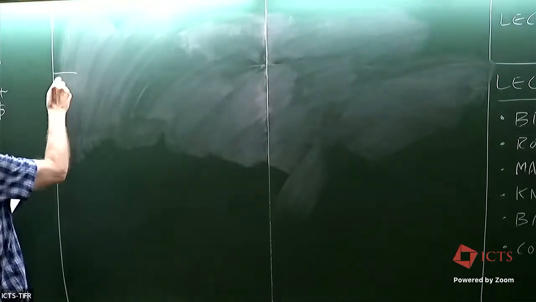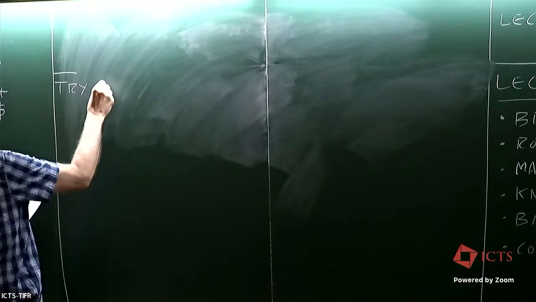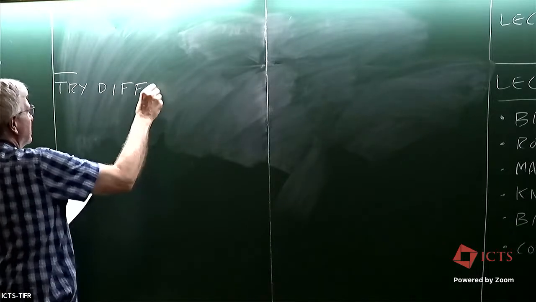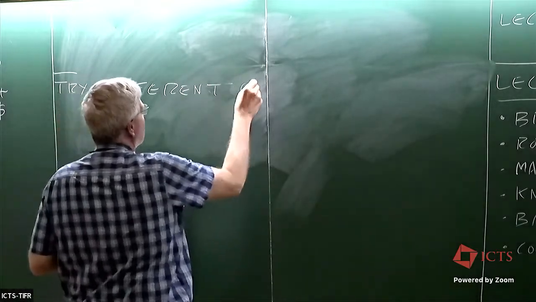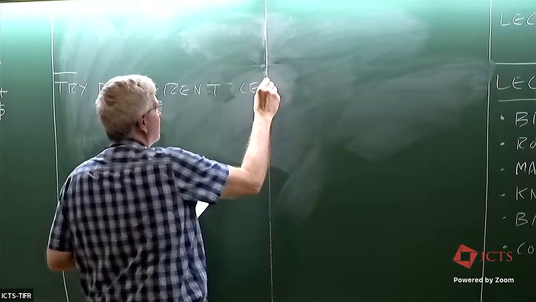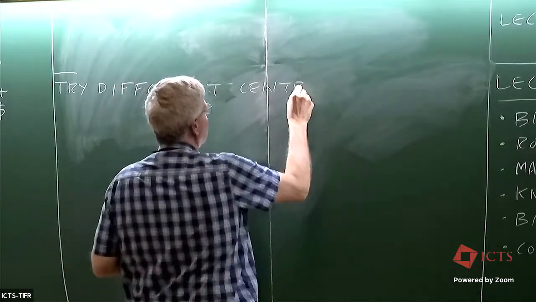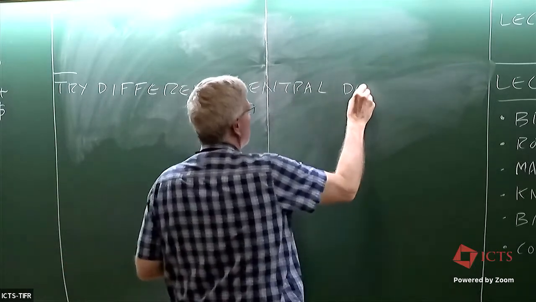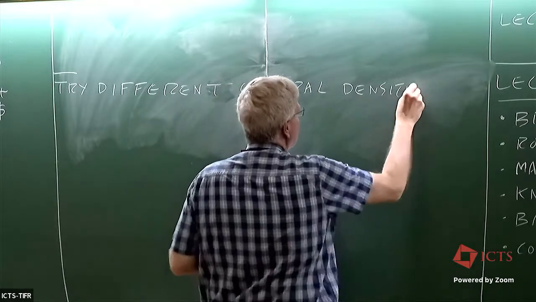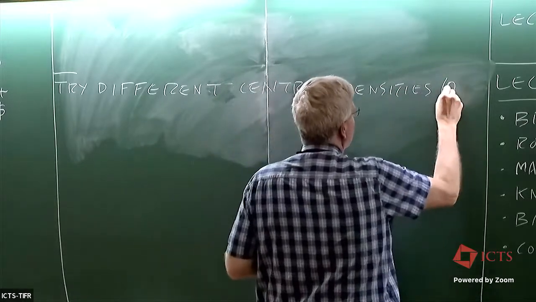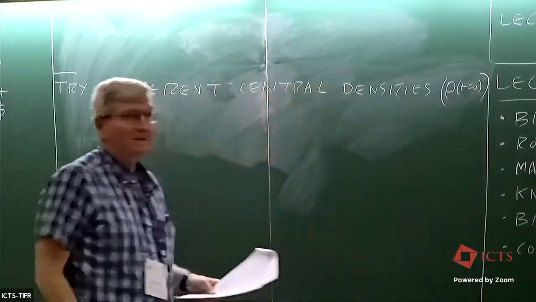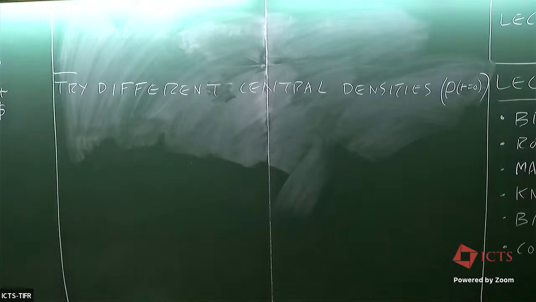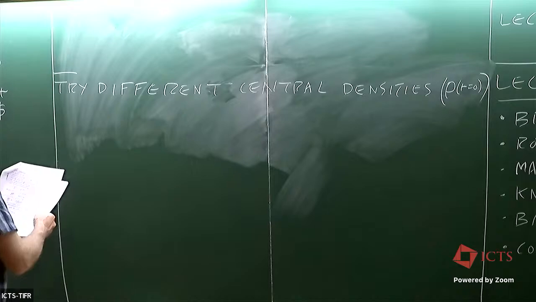Okay, so the idea is you try different central densities, rho of r equals 0. You just try them and empirically find through numerical integration of your assumed equation of state where you end up in terms of radius.